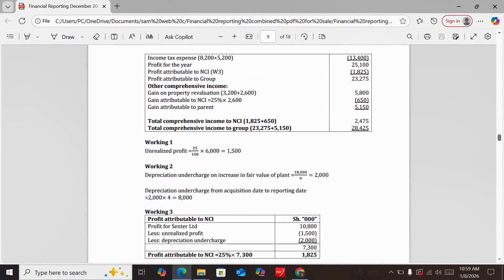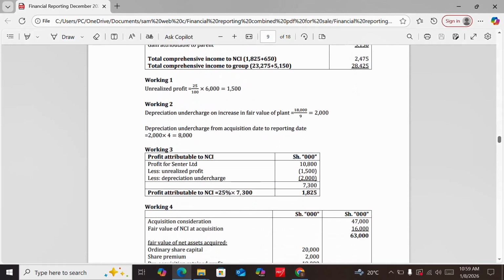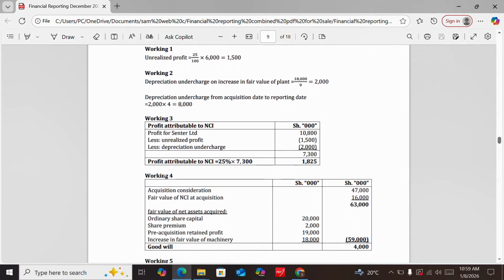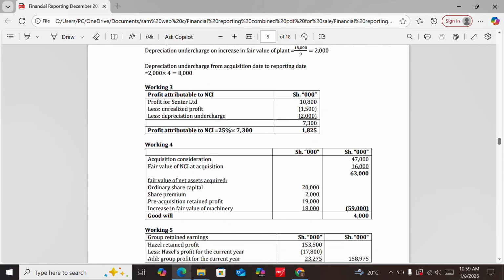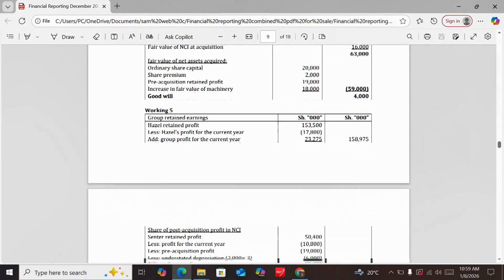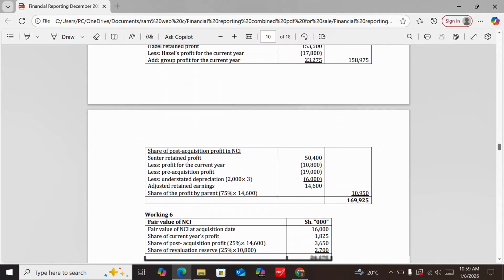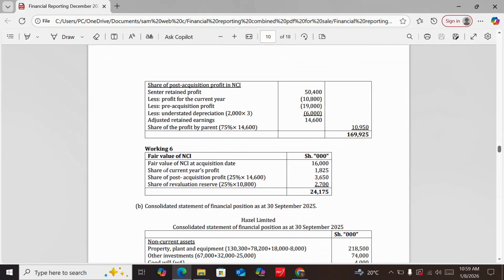Then we have working 1 for the unrealized profit, working 2 for depreciation under charge. We have working 3, working 4, and working 5, and working 6.